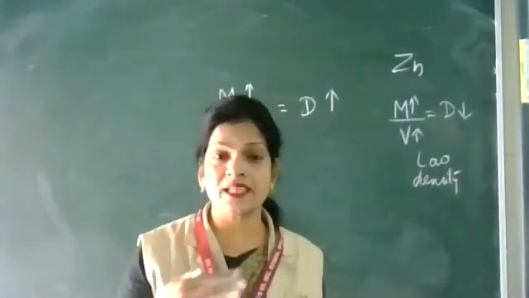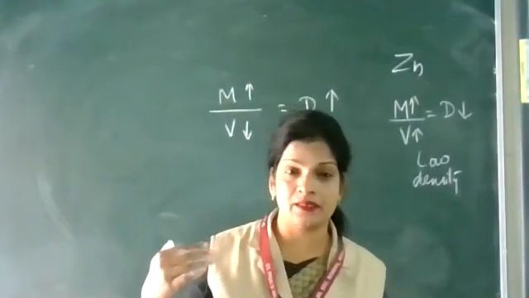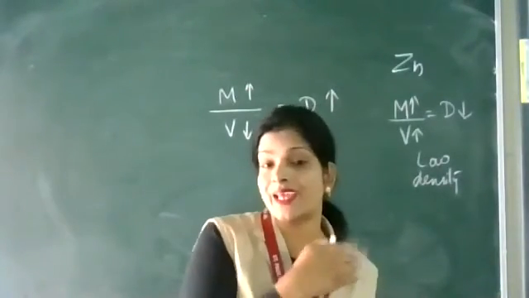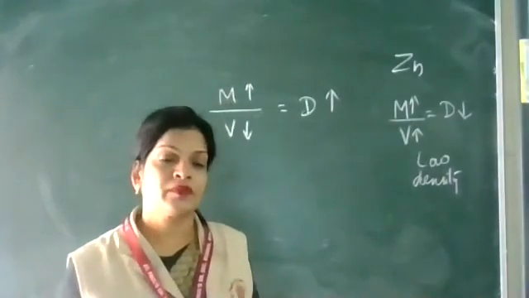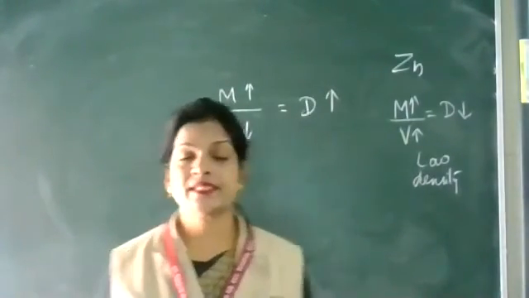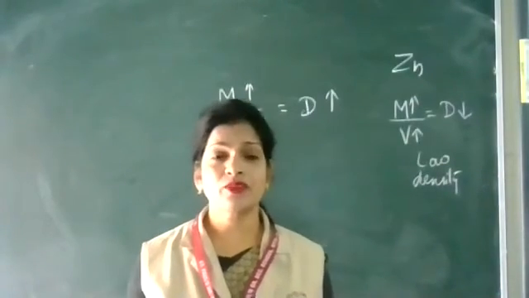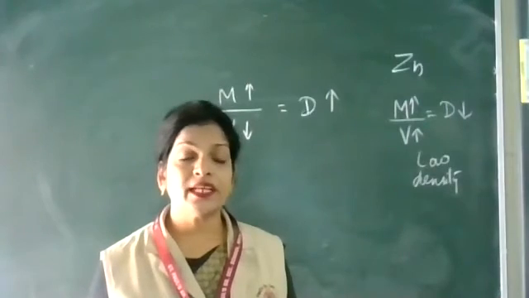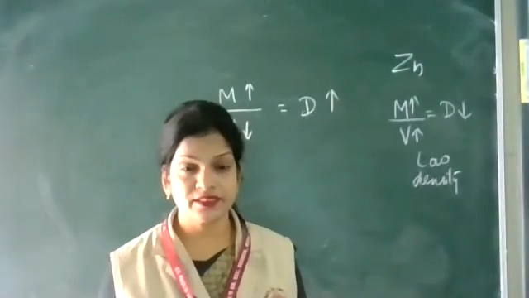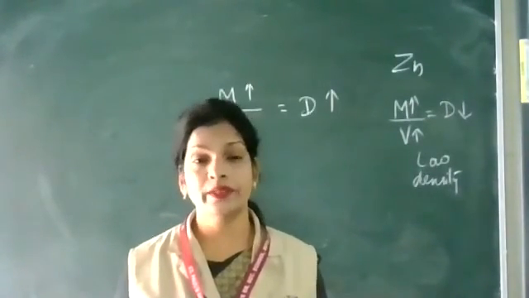So density increases in a period, but towards the end, the question is: though the density is increasing from left to right in the 3d series, zinc has got low density.